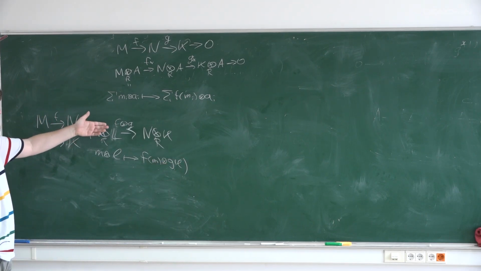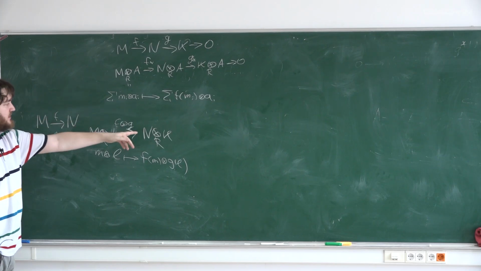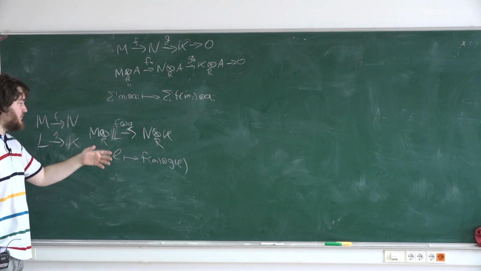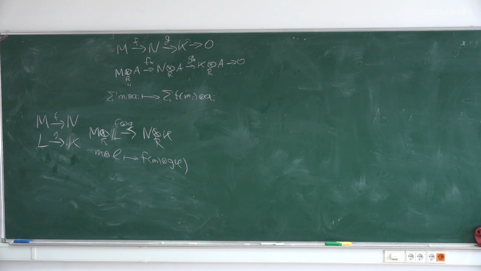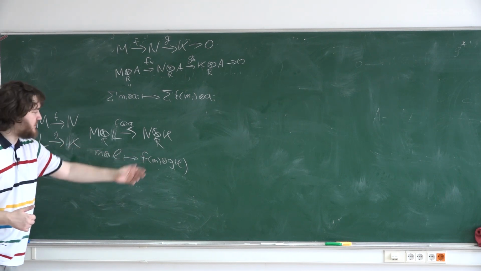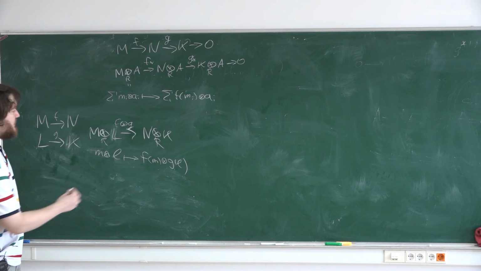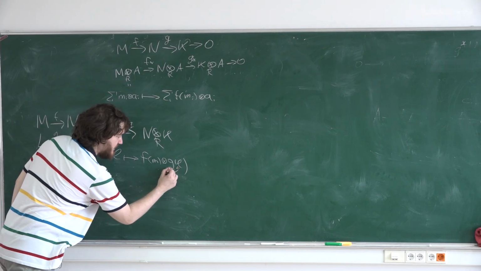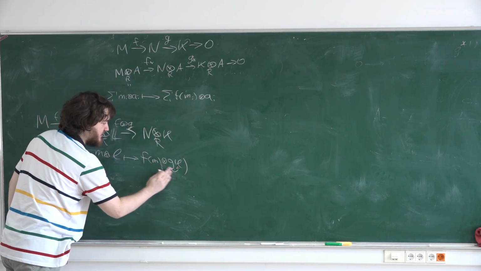It's a correct homomorphism of abelian groups if F is a homomorphism of right R modules and G is a homomorphism of left R modules. It respects all relations, because if we have some R here, we can move it here, and then here.